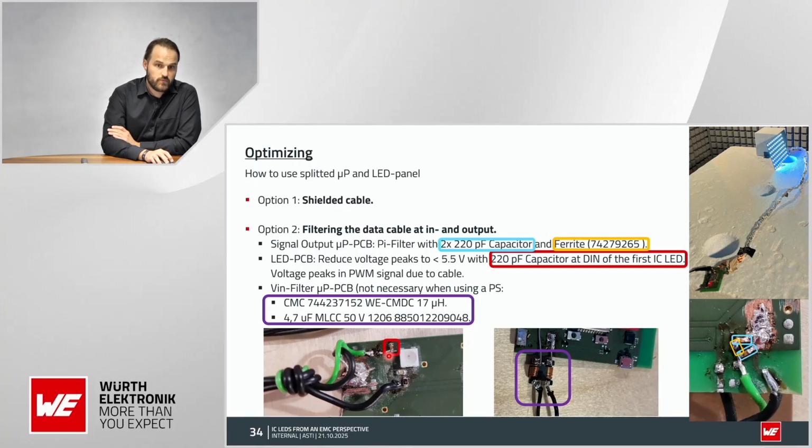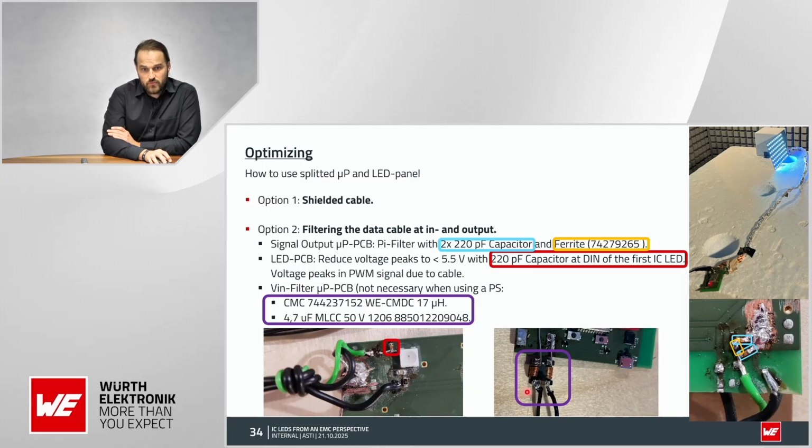So we added an additional 220 picofarad MLCC to reduce the maximum voltage level below 5.5 volts to avoid damage to the ICs inside the LED.